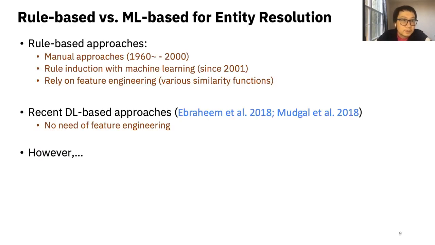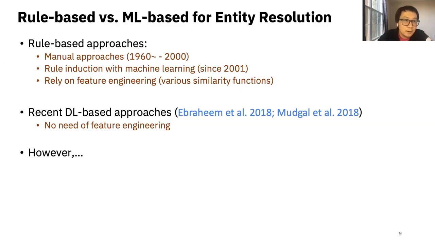Entity resolution is a long-standing research problem, and the research can be traced back to 1960, where people started using rule-based approaches. At that time, people usually manually designed the matching rules to match entities across different datasets.